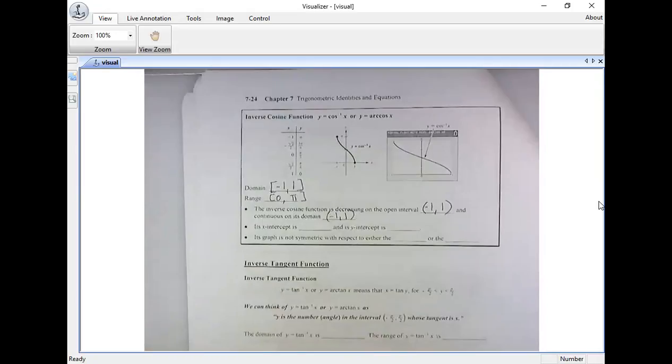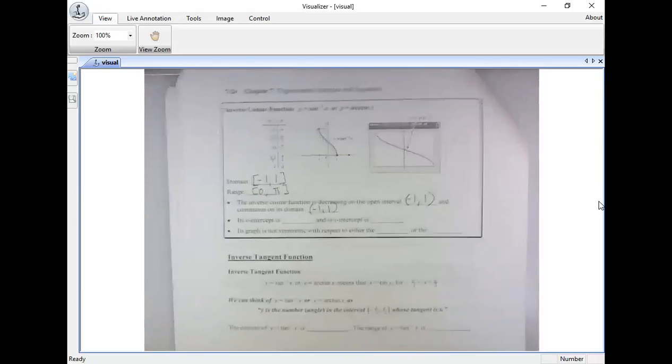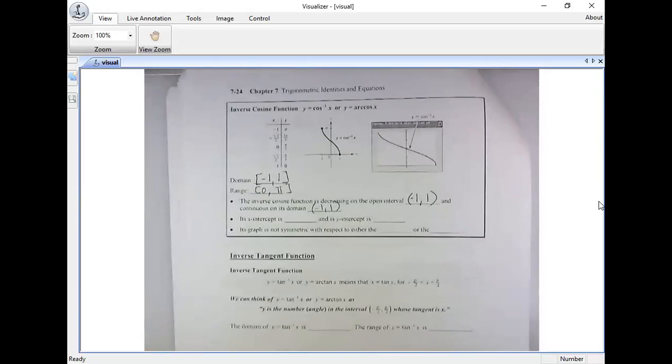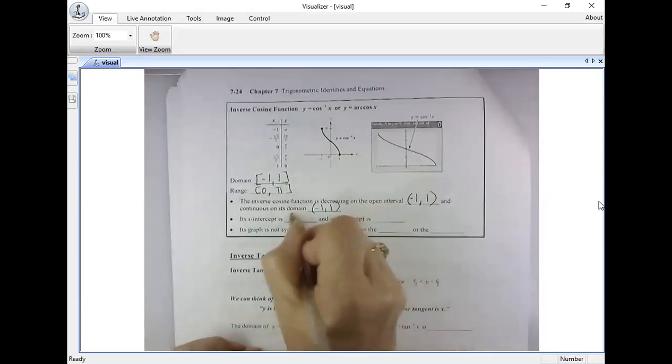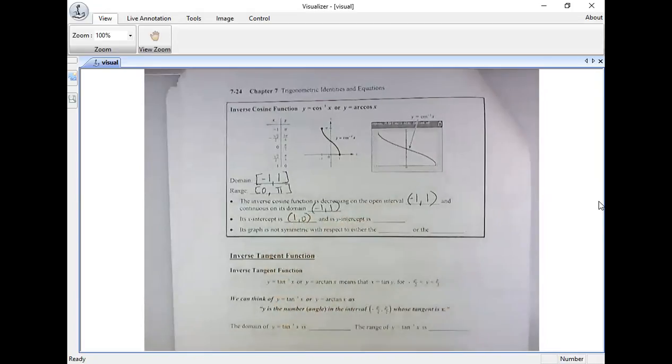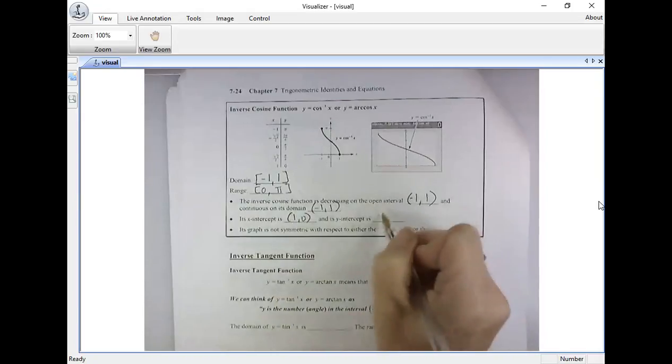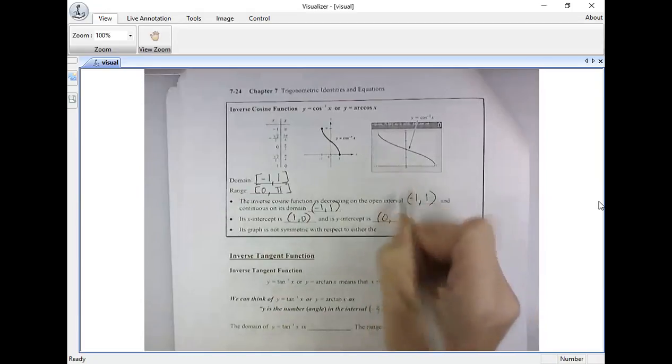Okay, tell me about x-intercept. Do I have one? Is there some point that's on the x-axis that belongs to this graph? When x is positive 1, what's the y value? 0. So it's the ordered pair (1, 0). What would be my y-intercept? When x is 0, my y value is pi over 2.